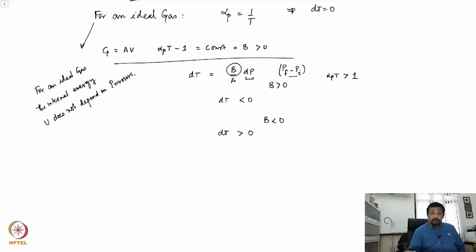In the earlier exercise, we have seen that it does not depend on volume, therefore U is only a function of temperature. Of course, we know this result, but nevertheless, if we had not known any of these things, that U was 3 by 2 N kB T, which followed from S of U, V, N for an ideal gas, we could have deduced all of this using these two experiments.